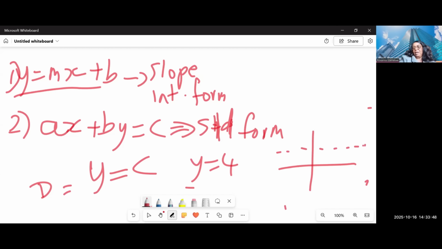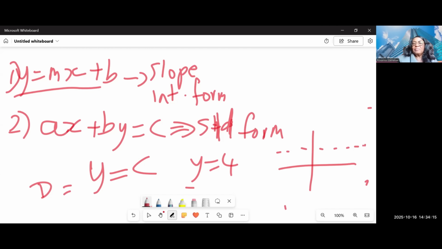And any line parallel to y equal to 4 has a slope of 0. When y is equal to 4, it doesn't contain x.